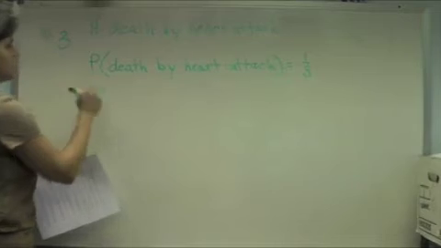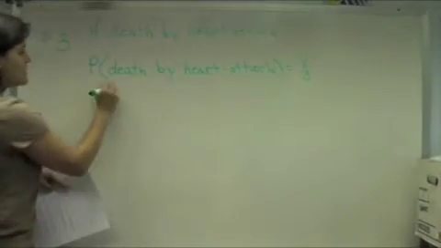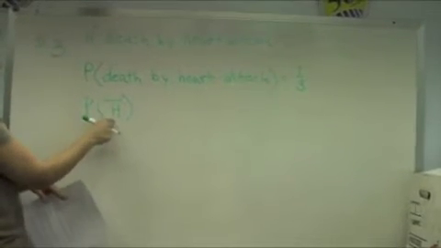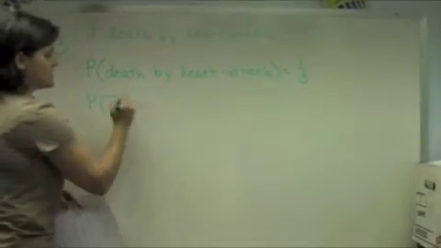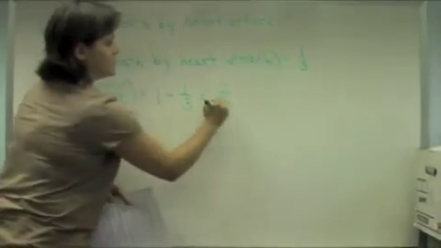So since I know that the chance of dying by a heart attack is 1/3, the complement would be dying by something other than a heart attack. So that would be H bar. And the chance of that happening would be 1 minus 1/3, which is 2/3.